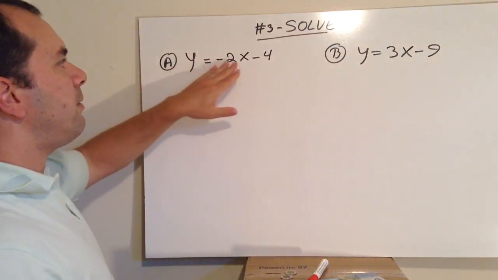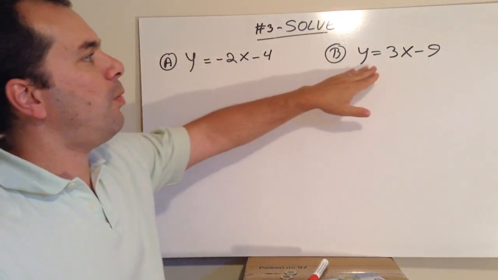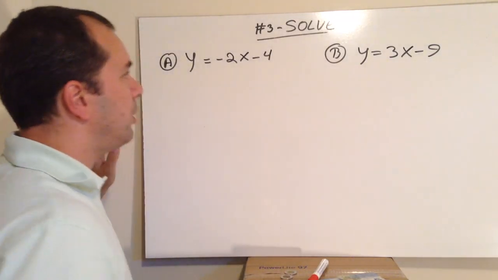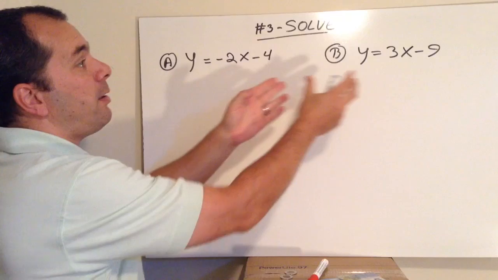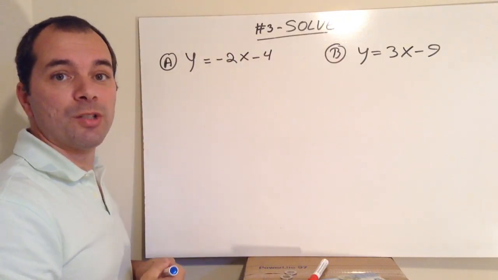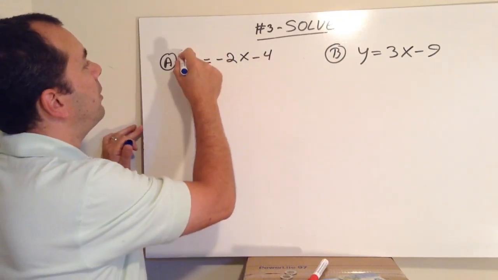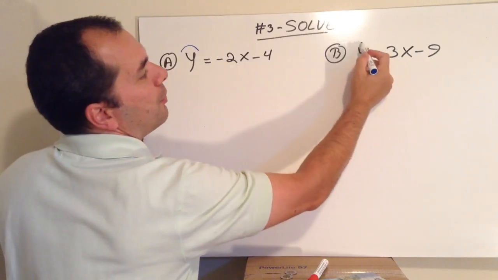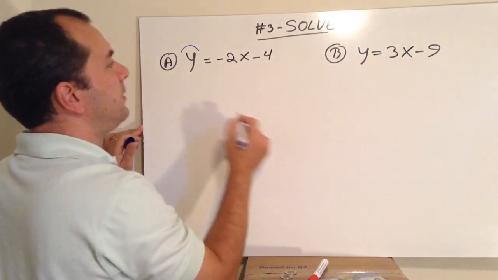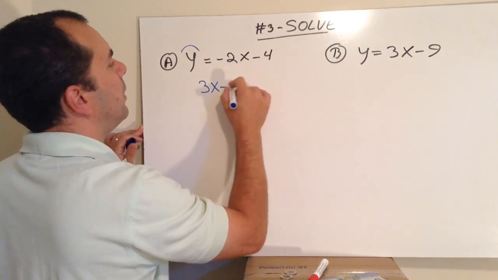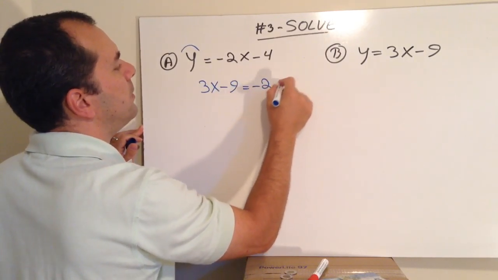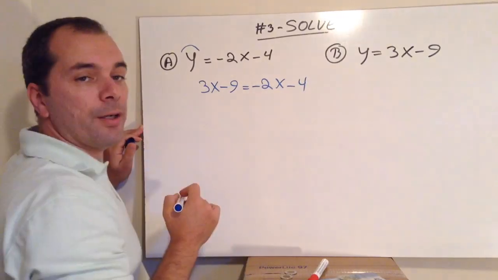This one has y equal to minus 2x minus 4 and y equal to 3x minus 9, which means that they've already been isolated. So I can substitute this there or this here without doing much work. I'm just going to take this one and use 3x minus 9 instead. So I'm going to go straight to 3x minus 9 is equal to minus 2x minus 4.